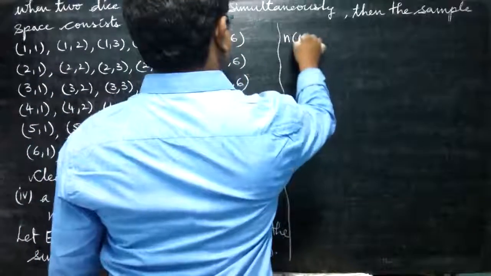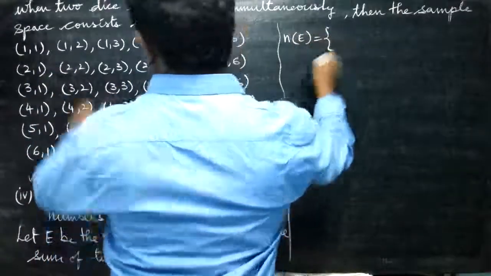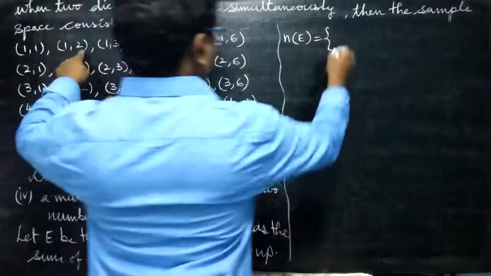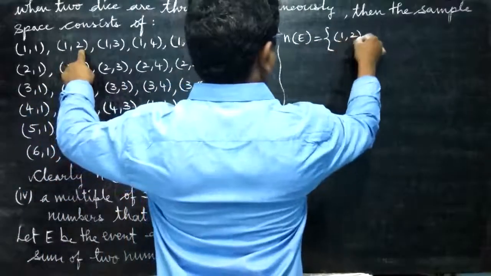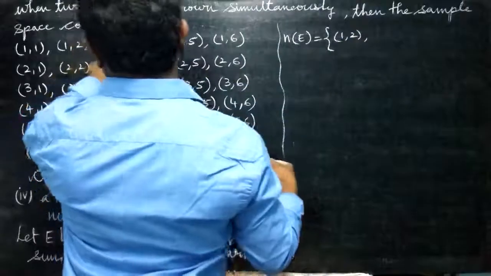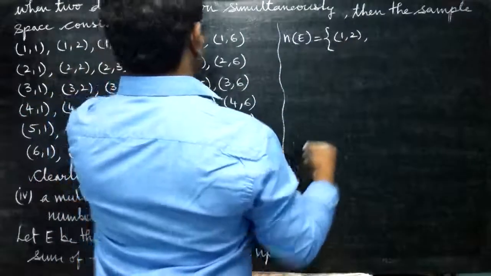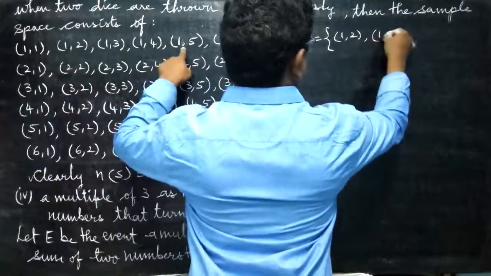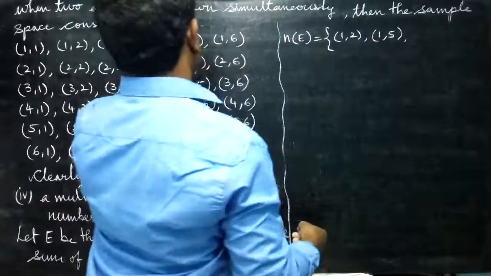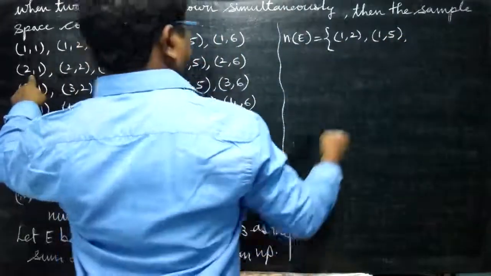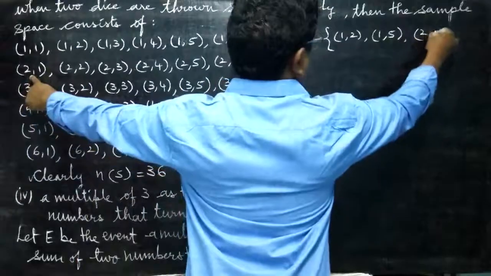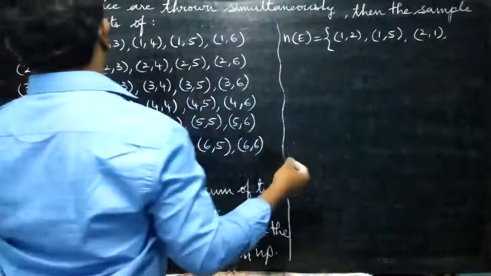So n of E is equal to 1 plus 2, 3. So we can take this combination. Again 5, 1 plus 6, 3 table goes. Here 7 will come. Here 3, 2 comma 1. Here 4 will come, 5.